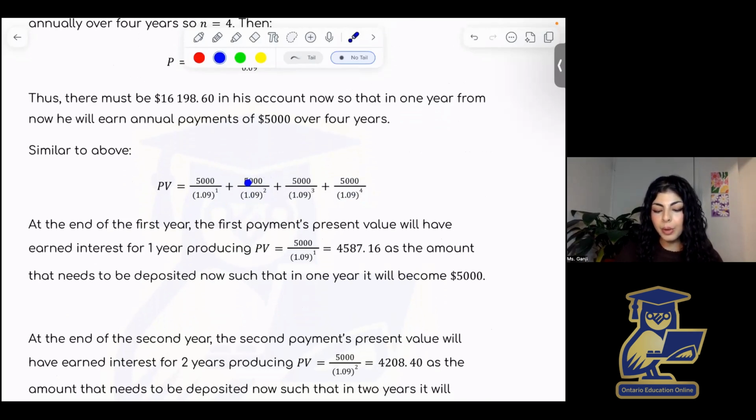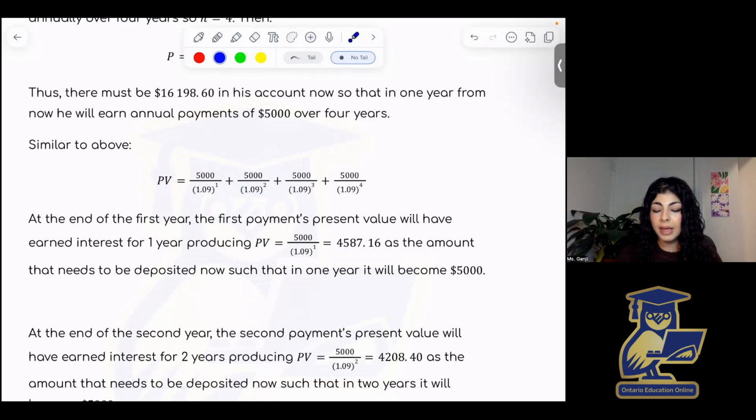But the present value of that second $5,000 is that it has earned interest at 9% twice, which means the present value right now can be calculated as the present value times 1.09 to the power of 2, which is why here we're dividing it. Same for the third year, and finally the fourth year. The $5,000 has been in the account over 4 years and has earned interest 4 times.